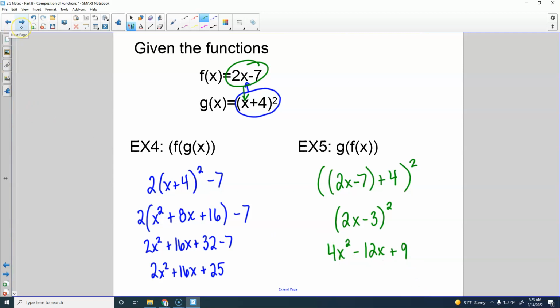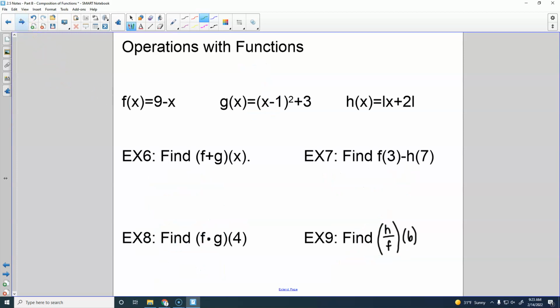Okay, now some other types. That was composition of functions, where we're putting functions inside of functions. But you can also just have operations with functions, and I wanted to show you this notation. One way that example 6 could be written is f of x plus g of x.